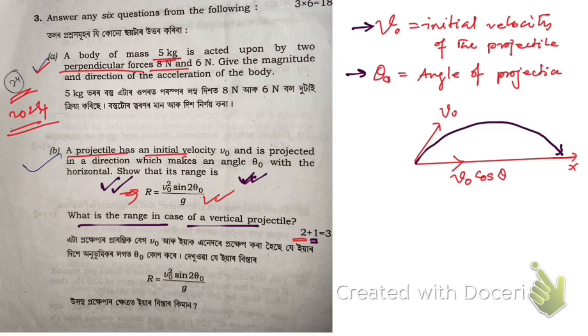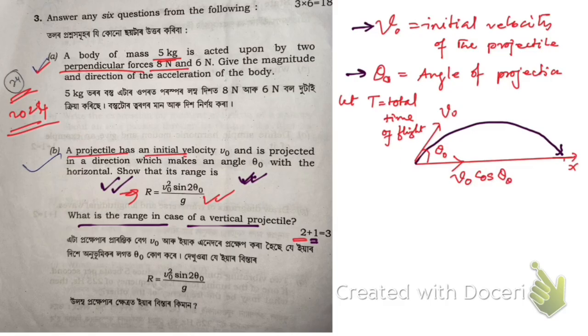The angle theta is not given in the question, so we're going to use theta naught. And here, let capital T be the total time of flight.